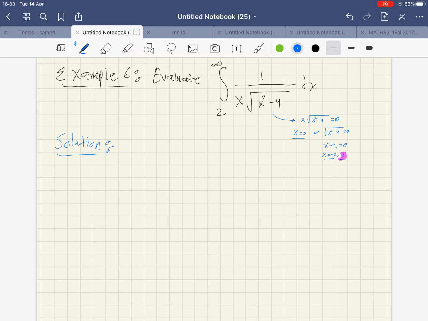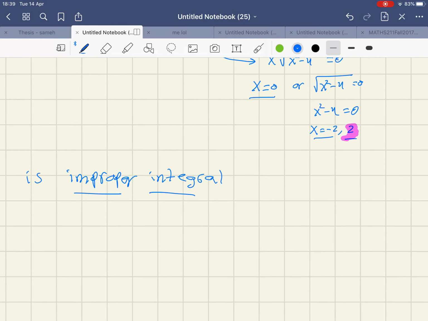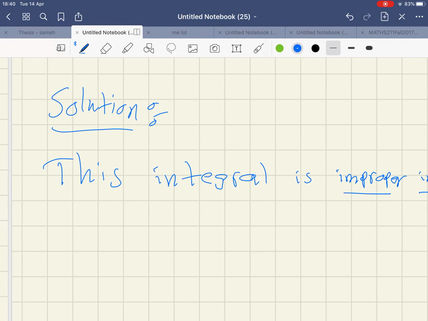So here, this integral is an improper integral of which type? Of two types, type 1 and type 2. What do we mean by type 1?